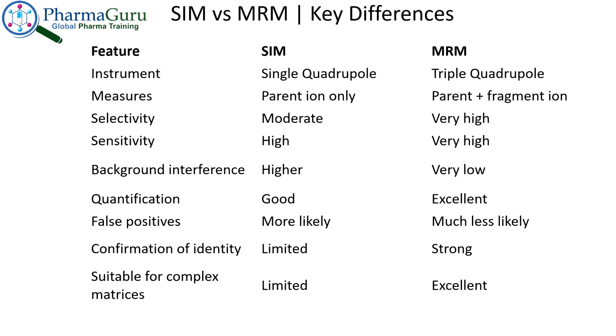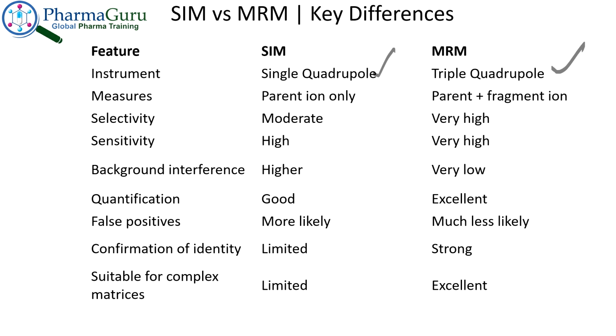Now I am going to discuss the difference between SIM and MRM taking various features. First, instrument: SIM single quadrupole, MRM triple quadrupole.